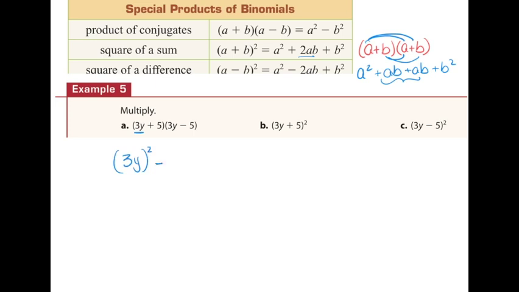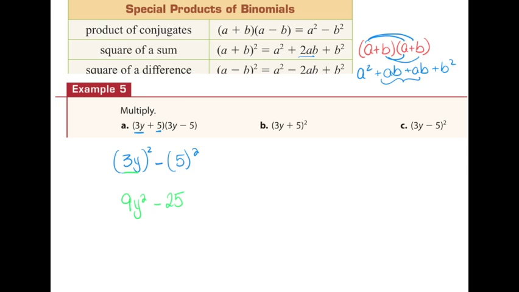It will always be subtraction, and then I'm going to take the second term and square it. And so if I square 3y, I will get 9y squared. And if I square 5, I will get 25. And so I don't even have to FOIL it if I recognize that it is a special case. I can go straight to my special case.